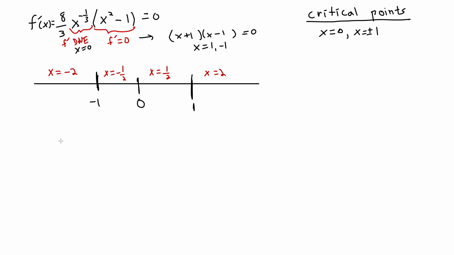Okay, and then we want our chart to test points here. So I'll say x and then f prime of x, which is what we're testing. Remember, we're testing in the derivative, not the original function here for increasing and decreasing. So 8/3 x to the -1/3 times (x plus 1) times (x minus 1). Now I'm writing it in its most broken up form possible because I'm just interested in where the function is positive or negative.